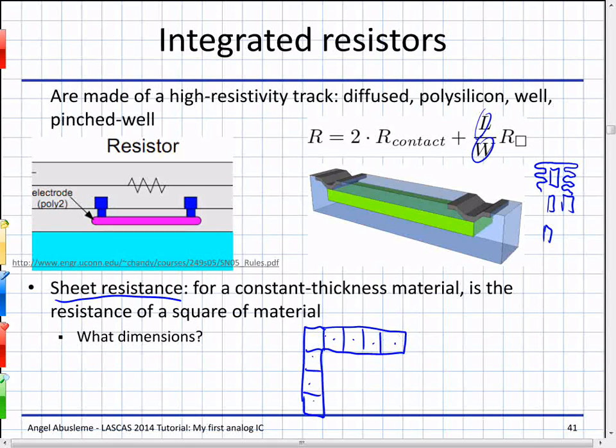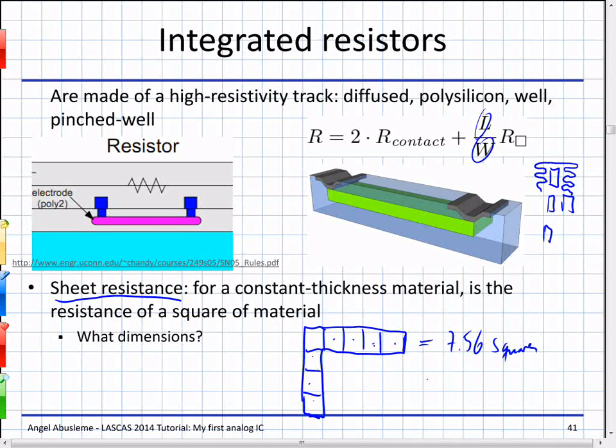Corner has a different sheet resistance. I think it's 0.56 or something like that. So this would be something like 7.56 squares of material. And if we know that we have 1 kilo ohm per square, so this would be 7.56 kilo ohm. And that way we can design any resistance, any shape we want.